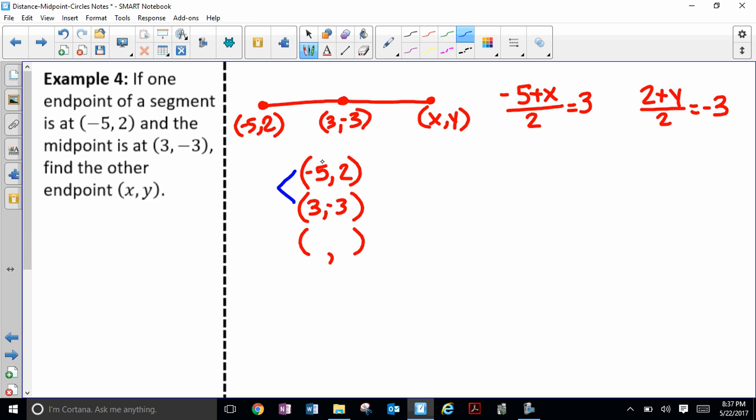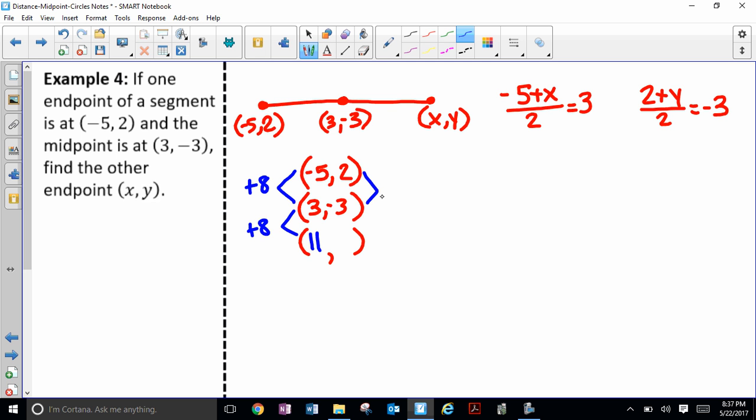What would I add or subtract to -5 to get to 3? Well, we would add 8. -5 plus 8 gives me 3. So whatever you do there, you have to do again to get the next x value, because it has to be the same distance away. So 3 plus 8 gives you 11.